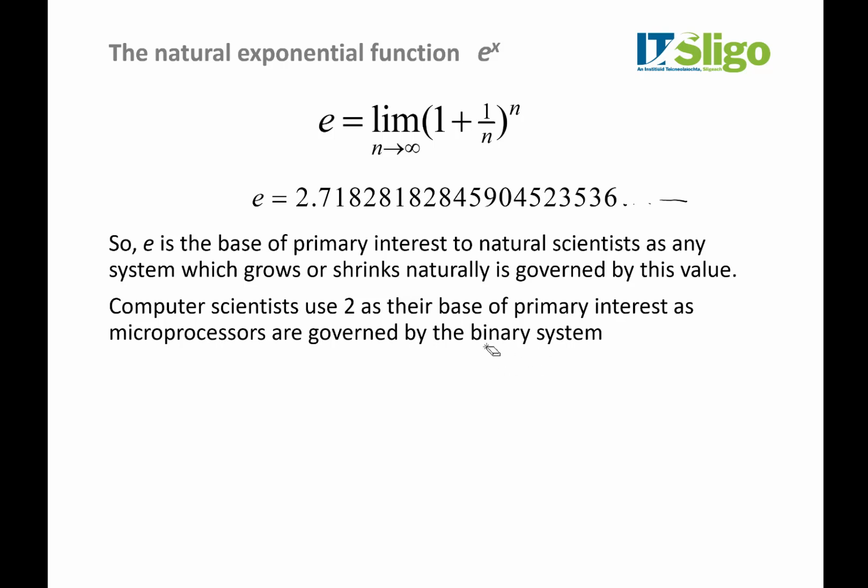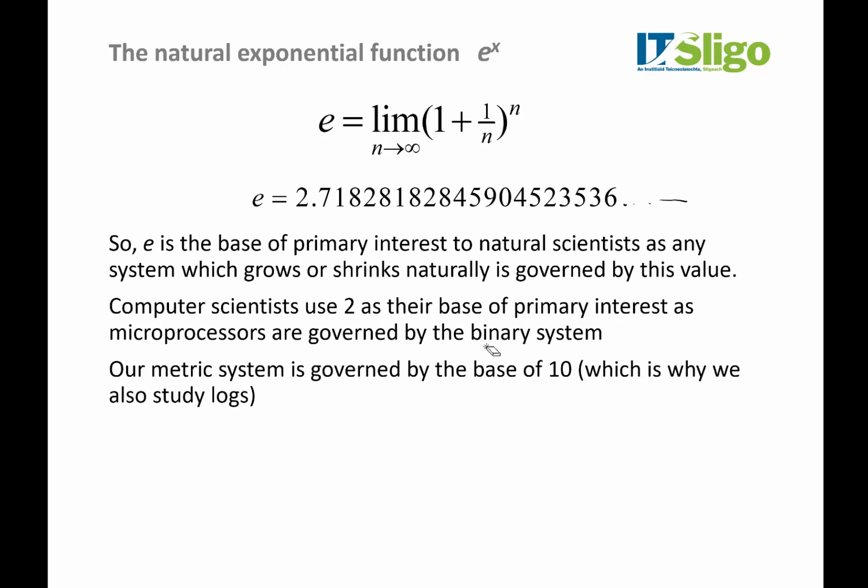Whereas we're scientists, we're generally interested in natural systems, so we use E as our base. The metric system, centi, deci, milli, kilo, mega, giga, they're all governed by the base of 10, and that's why we also study logs, because that's log to the base 10. So as scientists, the 2 bases we're particularly interested in are these 2.